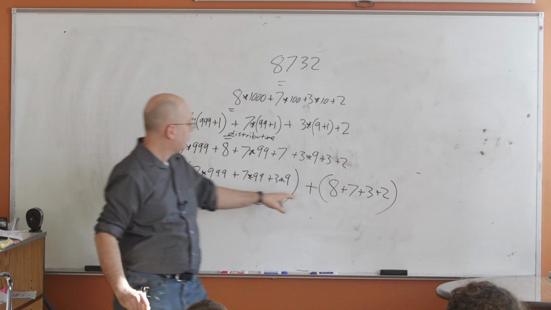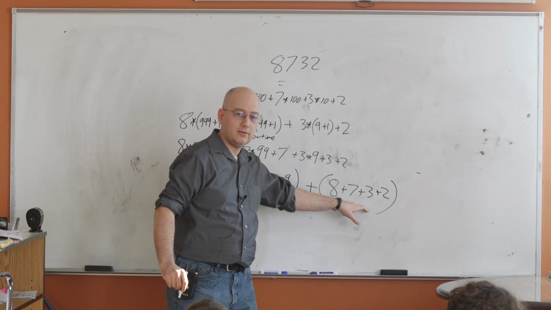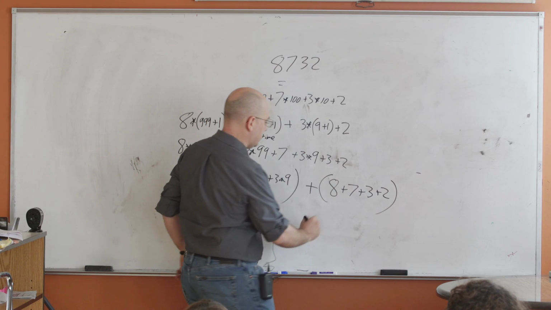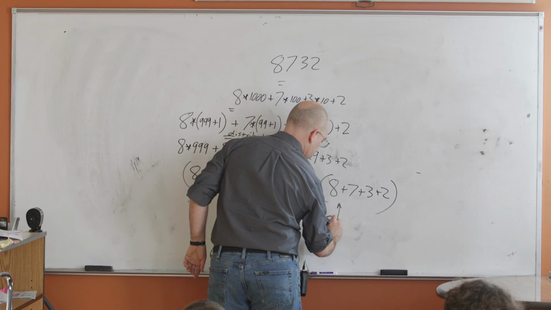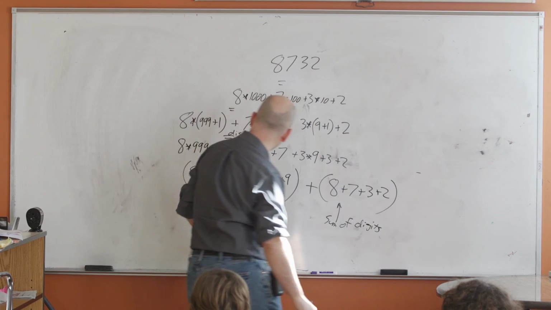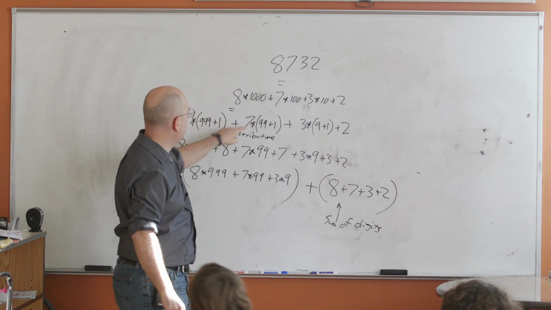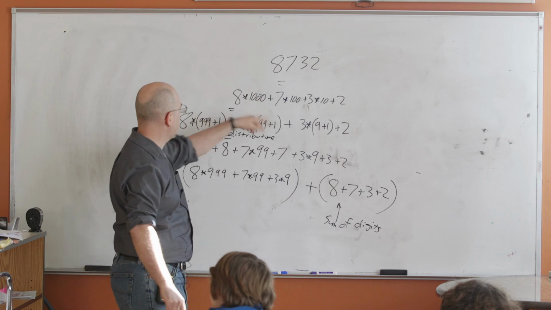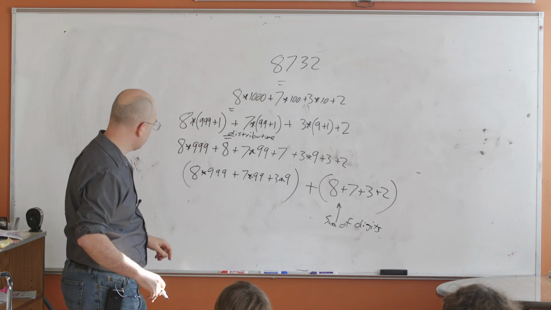What is this? This is the sum of the digits, and of course, that's because of the plus 1s, which when I distribute give me the sum of digits.